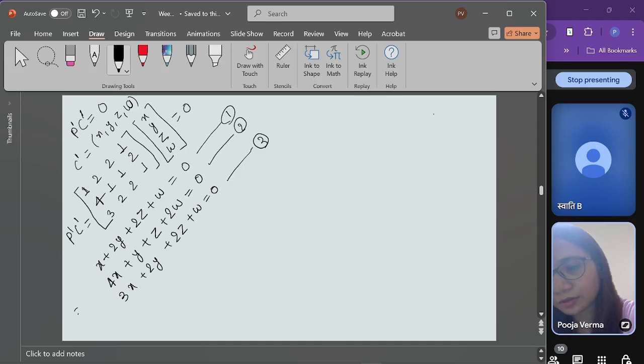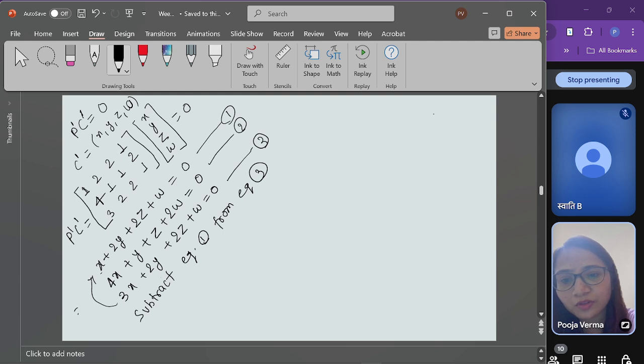So what we will do first, subtract equation 1 from equation 3. So you will get another equation. What we are getting: 3x minus x, and 2y minus 2y will be cancelled out, right?